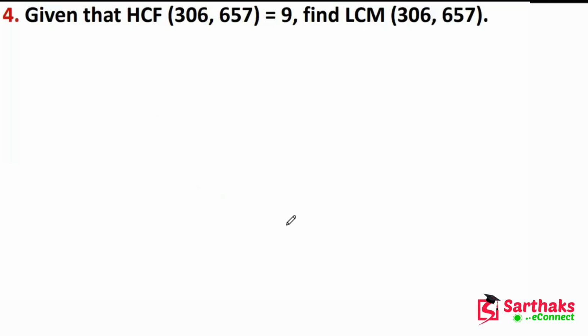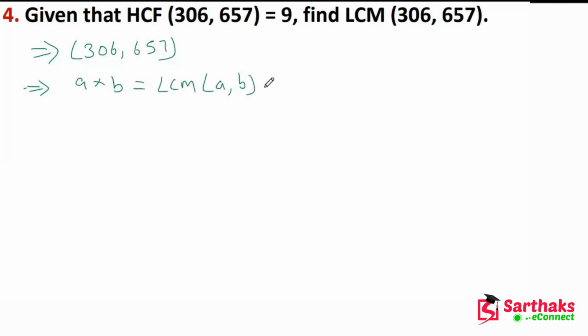Okay, so now first of all, we have two numbers, 306 and 657, and our formula is that A multiplied by B is equal to LCM of their product multiplied by HCF of their product.